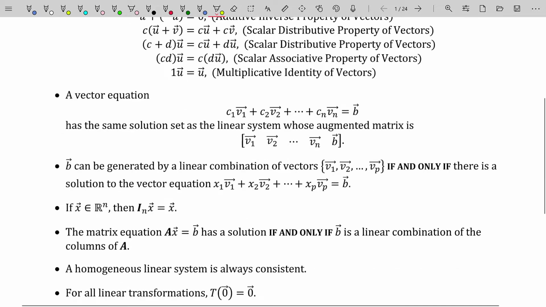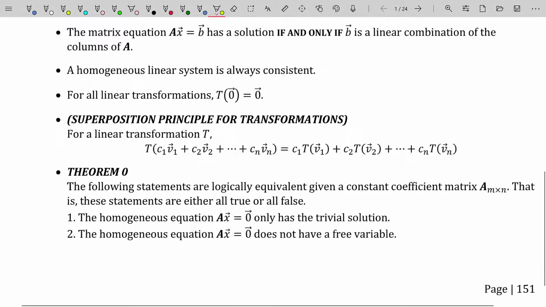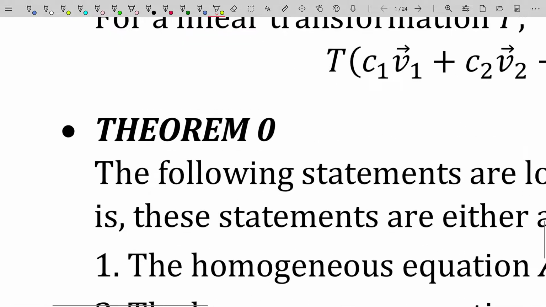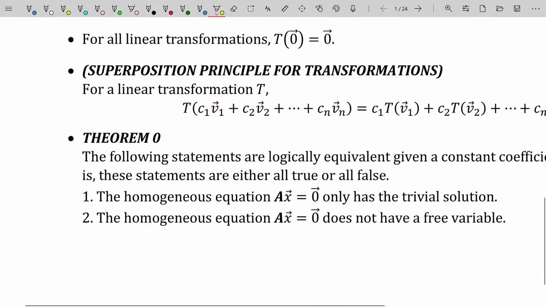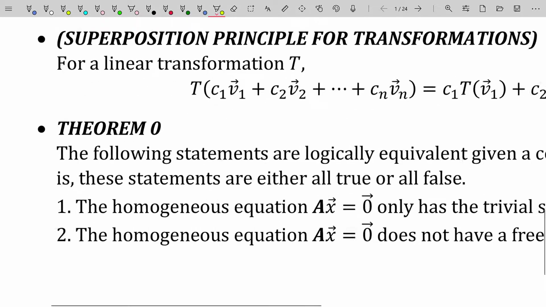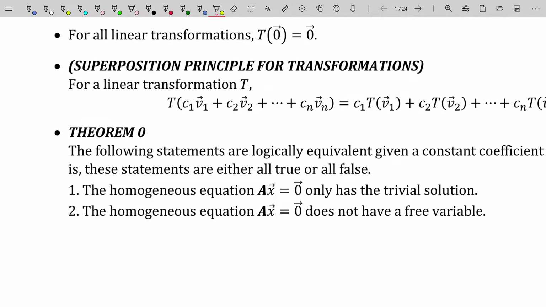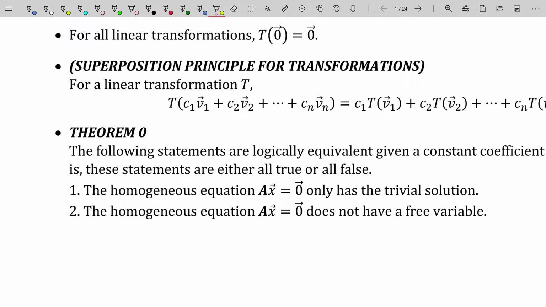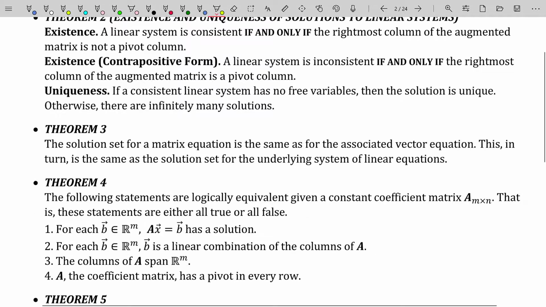It's a very long list, but really the ones you pay attention to the most are the numbered theorems, the theorems that start with theorem number whatever. That theorem 0 is actually not part of the textbook that I use, but I include it because theorem 0 is all about homogeneous matrix equations, which is not what we're dealing with. But on we go. Theorem 1, theorem 2, theorem 3, theorem 4.